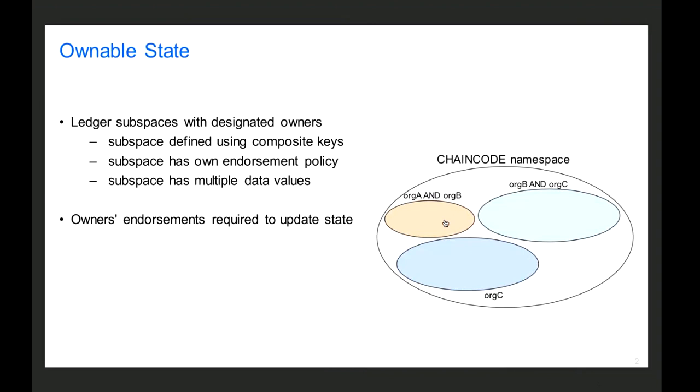This ledger subspace has its own endorsement policy, so it's much finer grained than a chain code level endorsement policy, in that you have an endorsement policy per subspace. And each of these subspaces can hold multiple data values, in the sense of a ledger key, a KVS key.